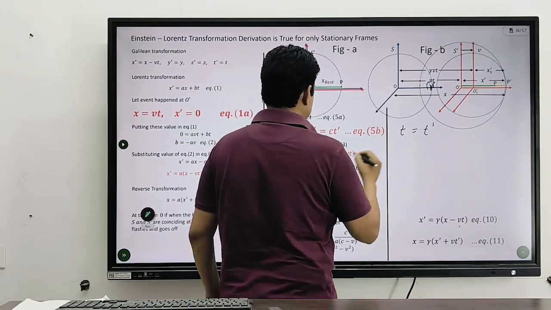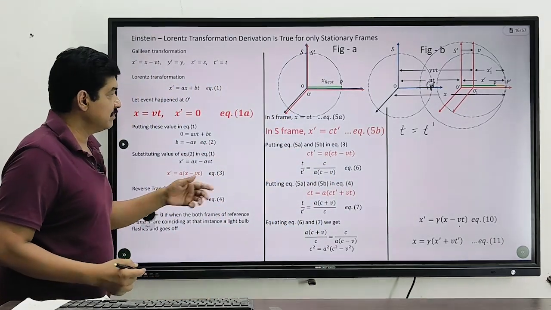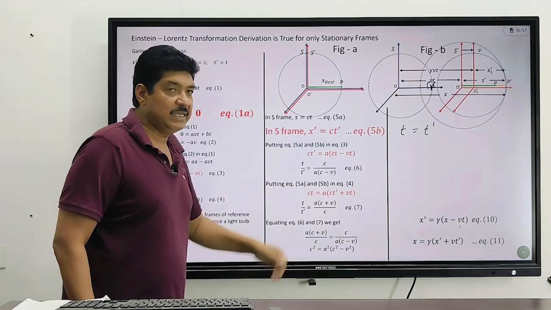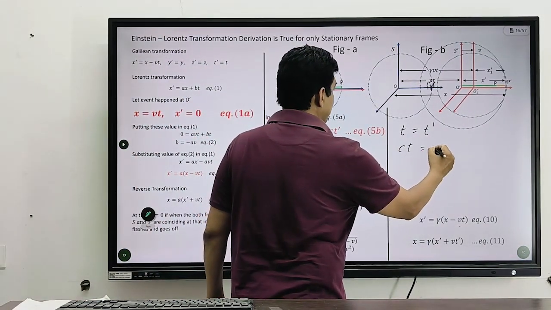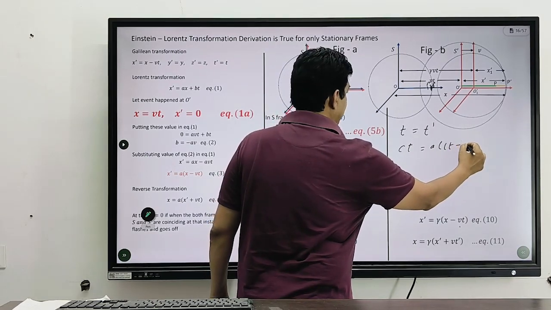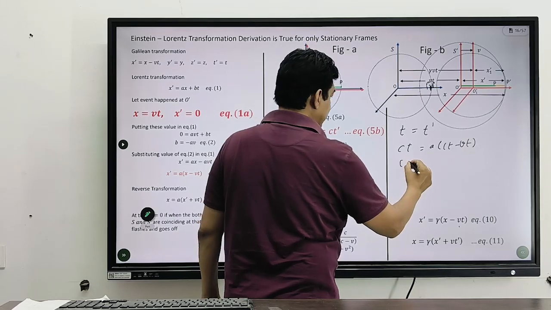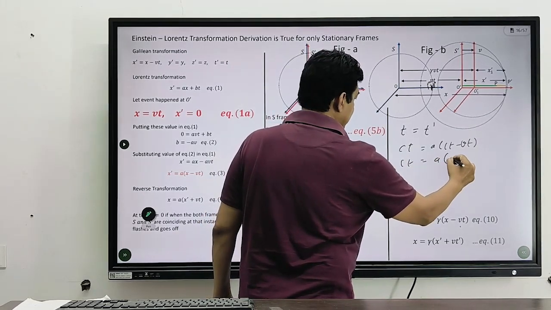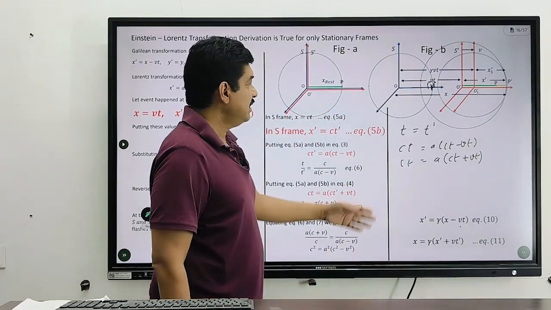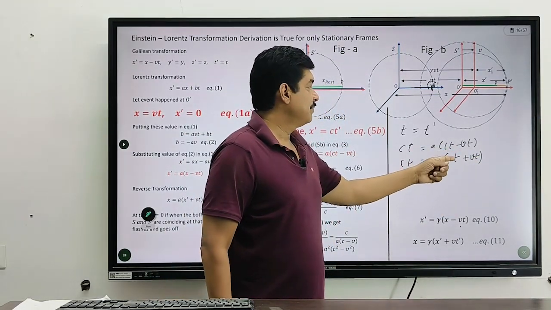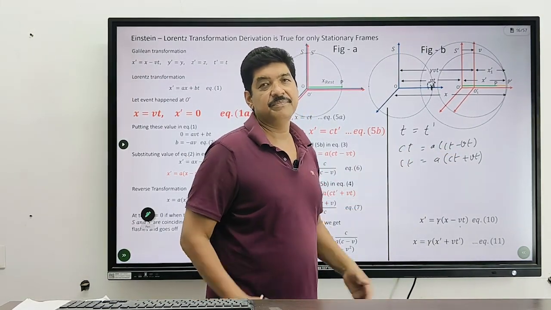If you put these values of equations 5 and 5b in equation 3, then ct is equal to a(ct minus bt), and ct is equal to a(ct plus vt). Right? See here, both are unequal, they are not equal.